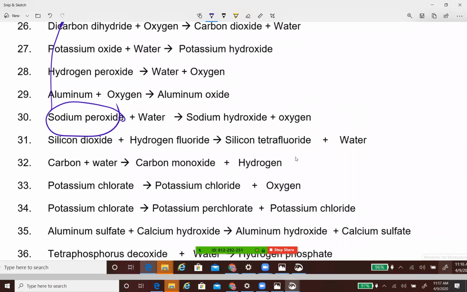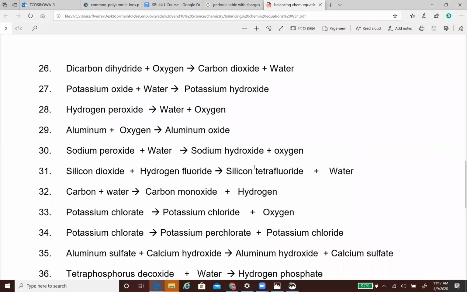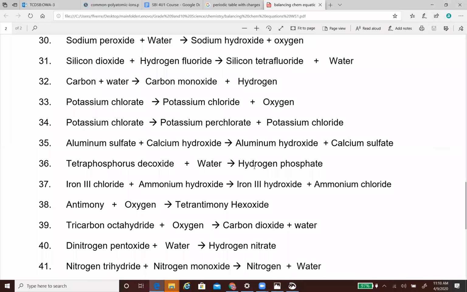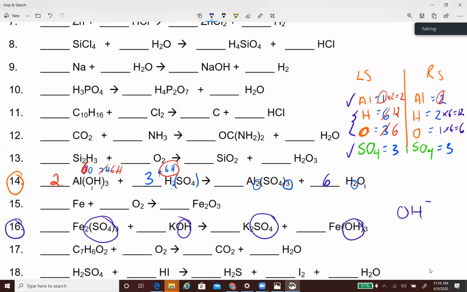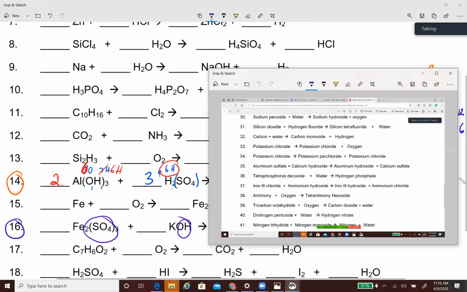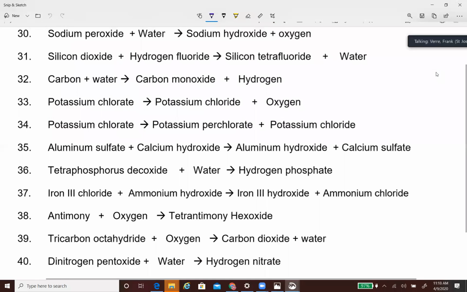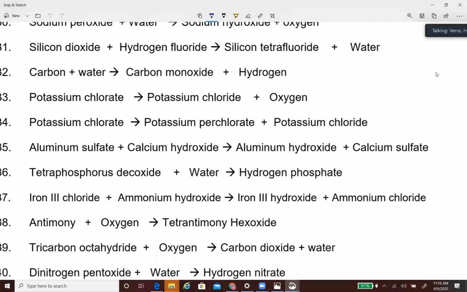Let's do 35. Let me zoom in on 35 then actually. So we're gonna do 35. Okay, let me do a screenshot. I'm gonna zoom in to 35. Okay, so we're gonna zoom in on 35. Okay, now, so let me look at the left side and let me look at the right side.